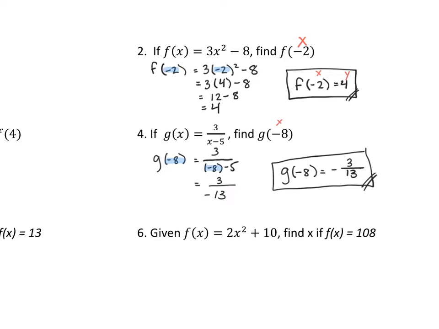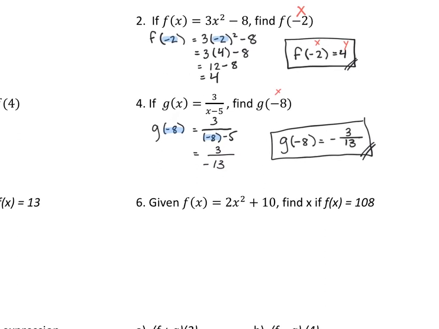Lastly, let's try number 6, which does look a little bit different. It says, given that f of x is equal to 2x squared plus 10, find x if f of x is equal to 108. Now, remember, whenever we have f of negative 2 or g of negative 8, these values here are equal to our y values.